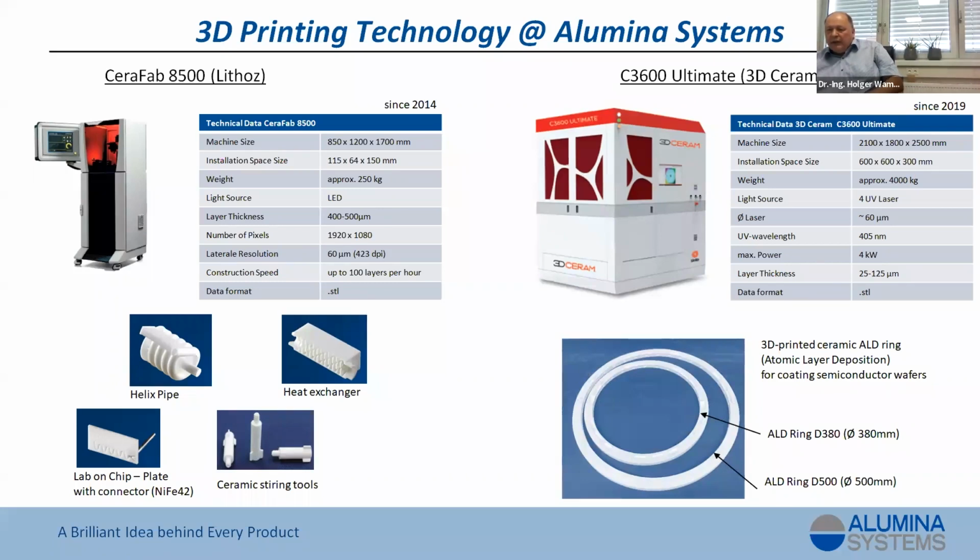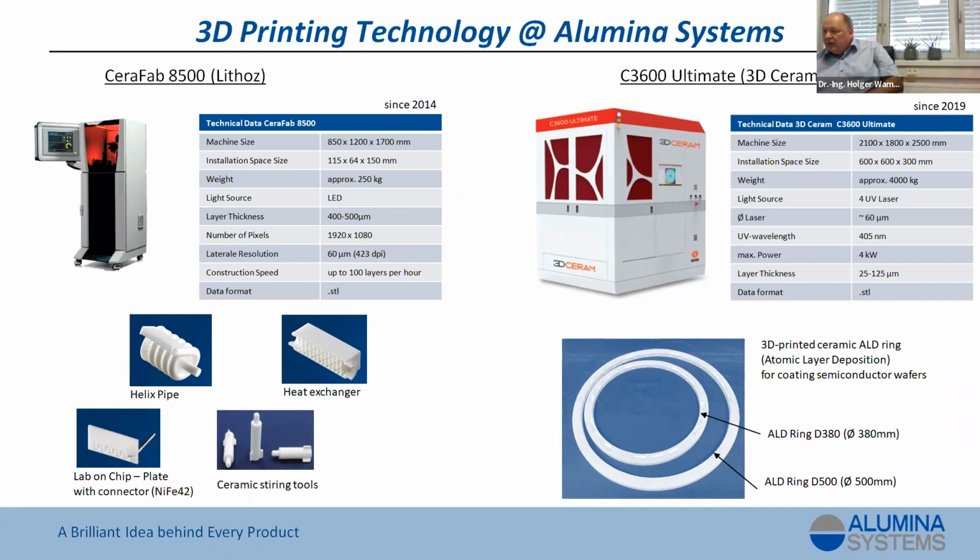And the newer printer we have is a printer from 3D Ceram with a construction field of 600 by 600 by 300 millimeters, where we can print very big parts or a lot of small parts.